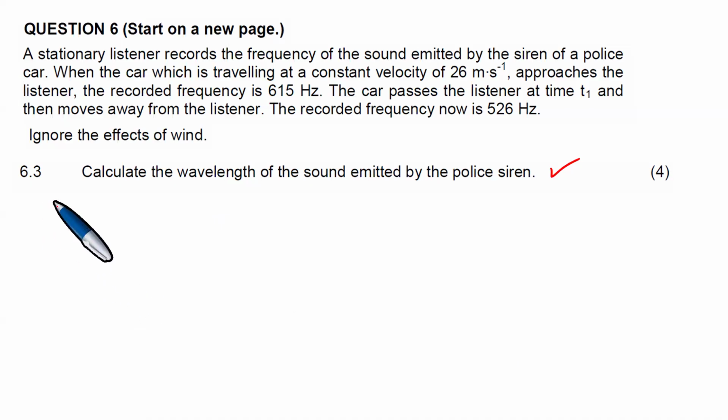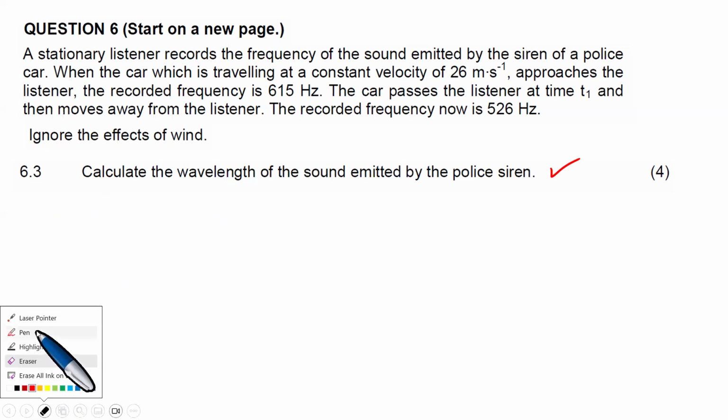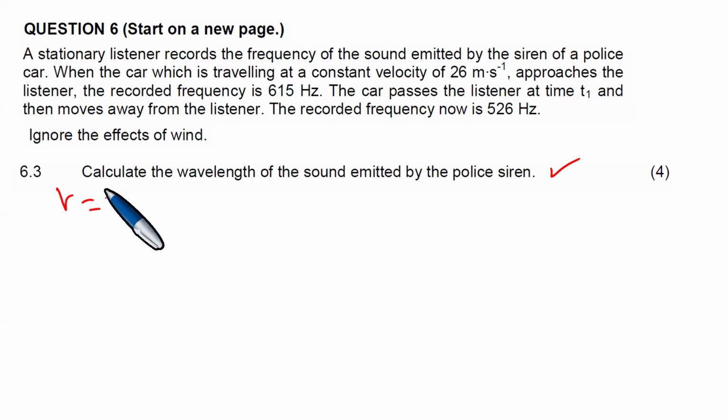Right, the formula for wavelength is that speed or velocity is equal to frequency times the wavelength. But obviously now I want the wavelength of the sound emitted by the police siren.